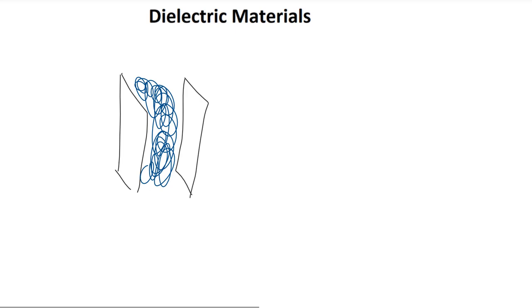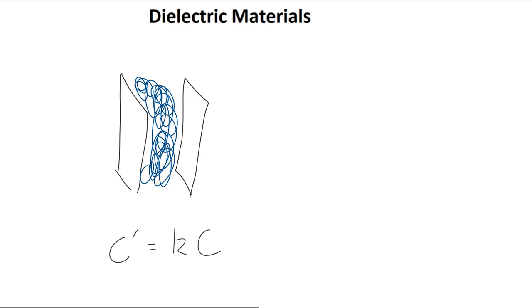Placing such material between the plates increases the capacitance by a factor kappa. Kappa is known as the dielectric constant, and it is different for different dielectric materials. Therefore, the new capacitance C prime is equal to the old capacitance capital C multiplied by this kappa. C prime is equal to kappa C.